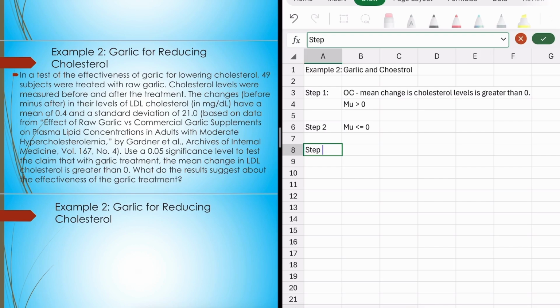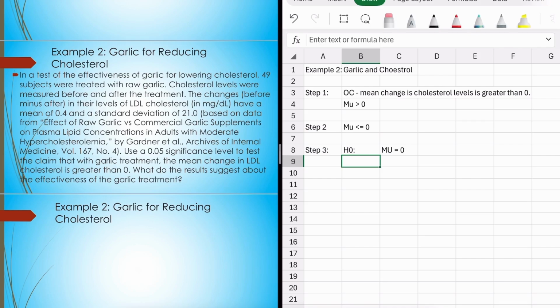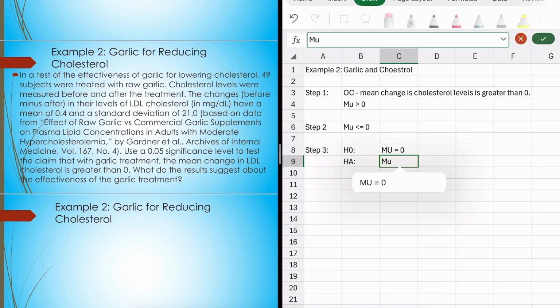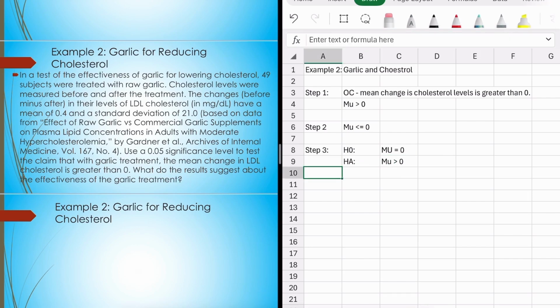The null hypothesis is H naught: mu equals 0, and the alternative hypothesis is mu is greater than 0. So the equality one had to go into my null hypothesis, and I took away the equal sign. The null hypothesis always has to be equal. The other one went into my alternative hypothesis. Okay, so there's my hypotheses.